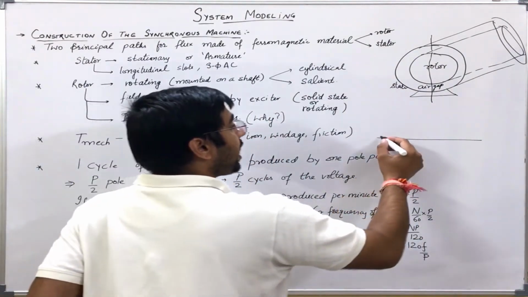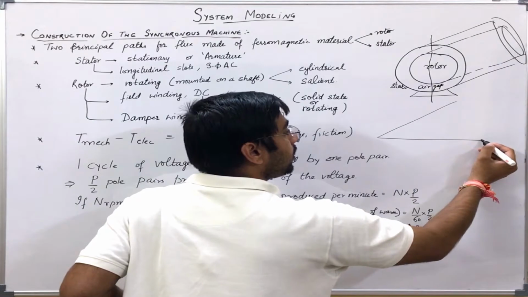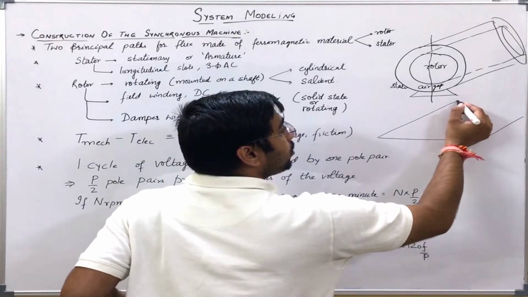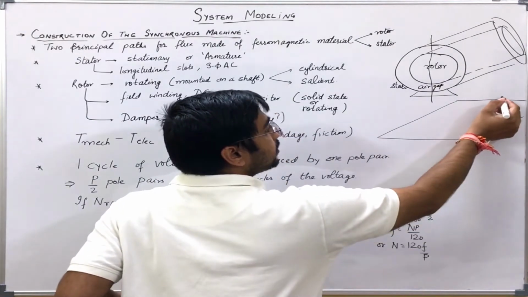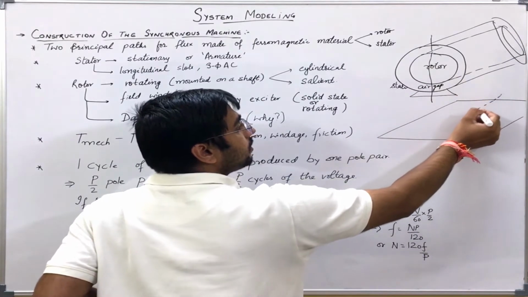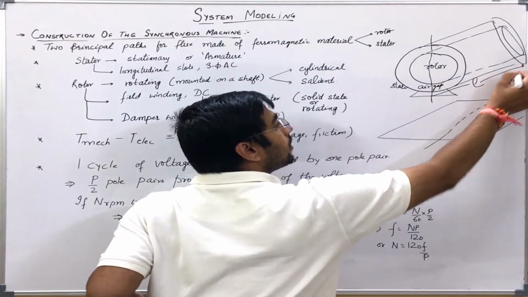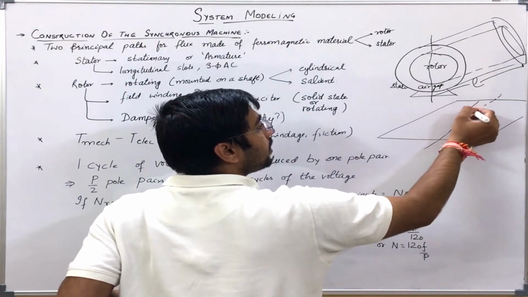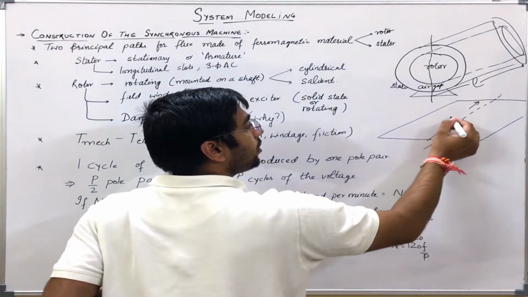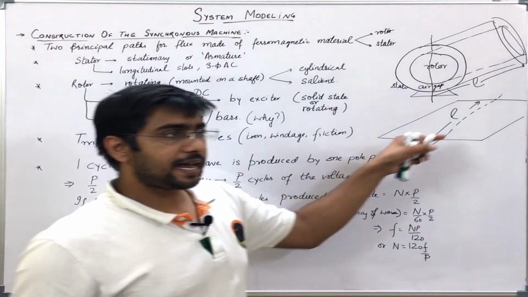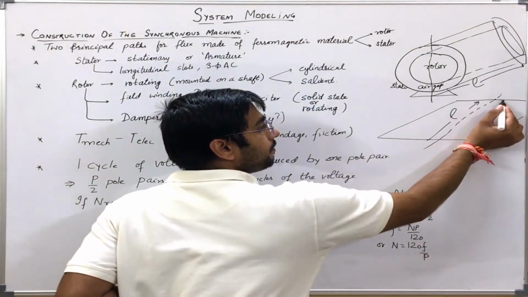So what I will find is that along this length, this is the axial length. If this is length L, then this will be length L only. So along this length there are slots in it.